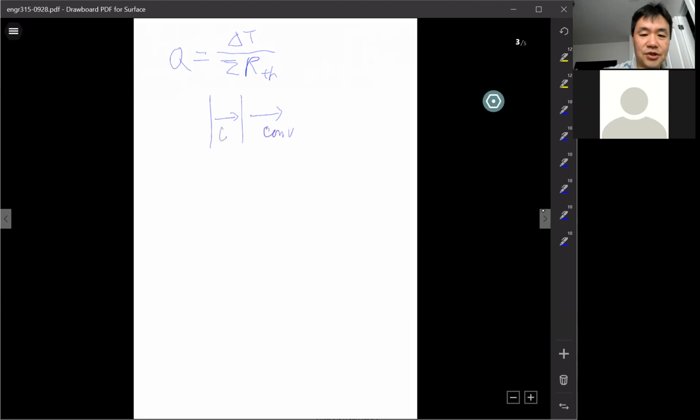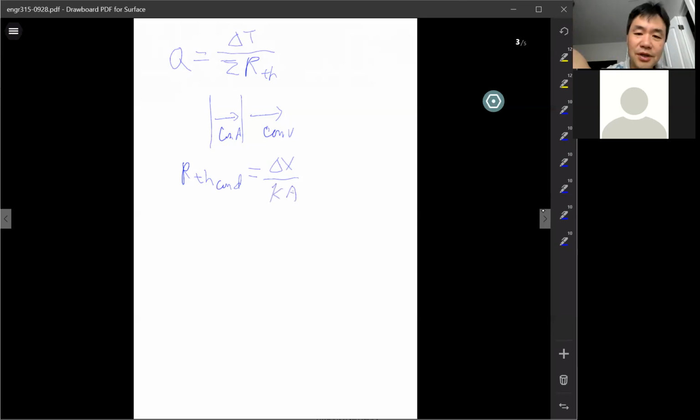Inside is the conduction, okay? So we know the thermal resistance for the conduction, we showed it in the previous page, right? It is delta X divided by K times area.